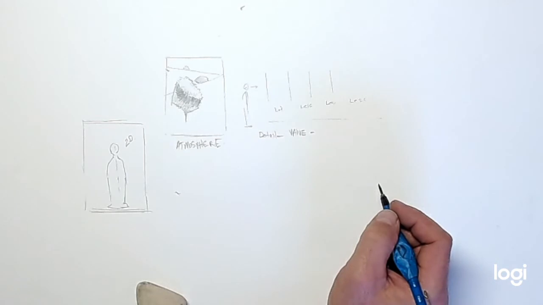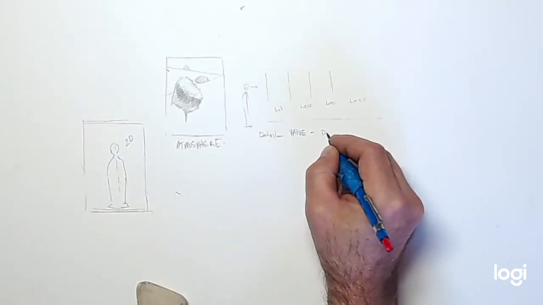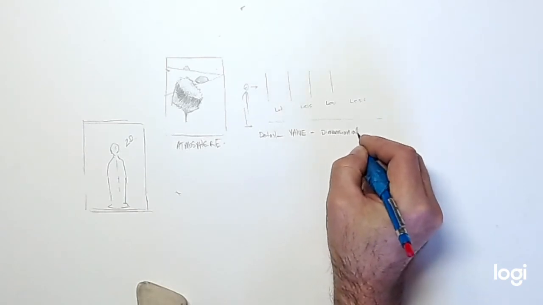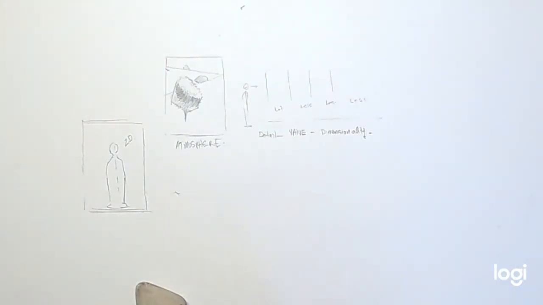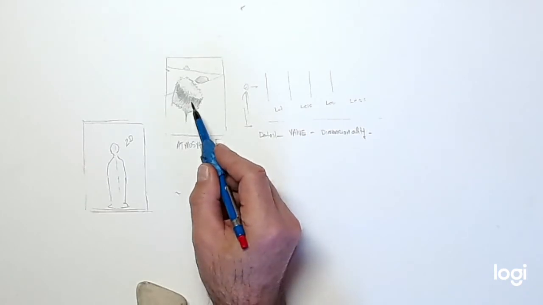So another thing that changes as you go into the distance is a sense of dimensionality. Okay, so in the foreground, notice how this looks really 3D?